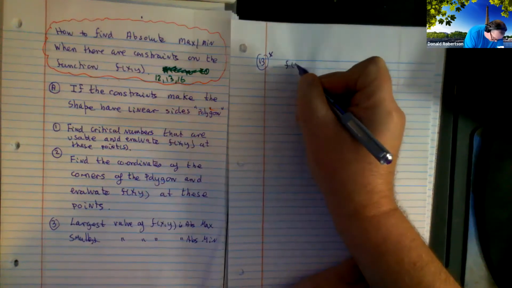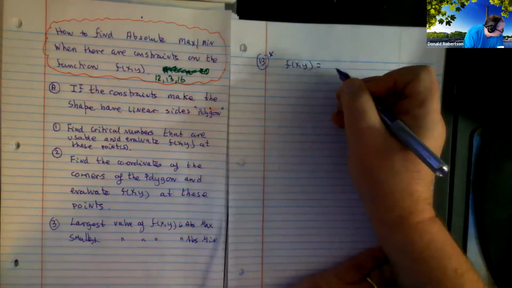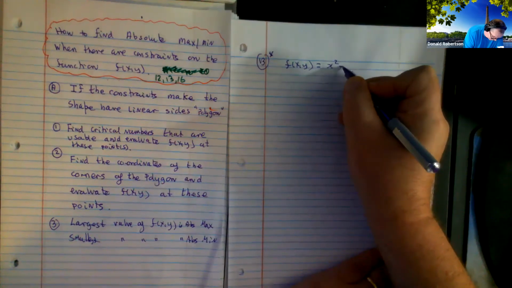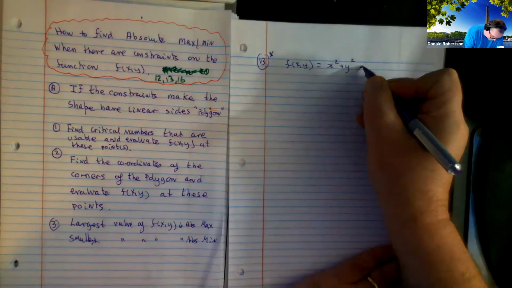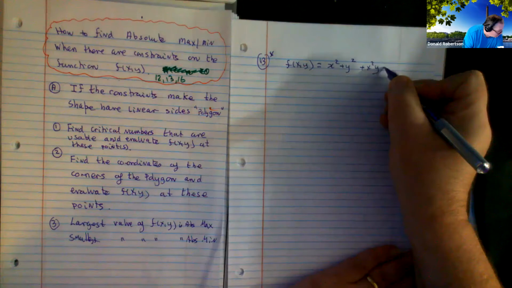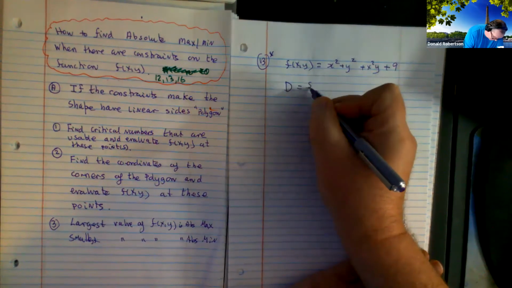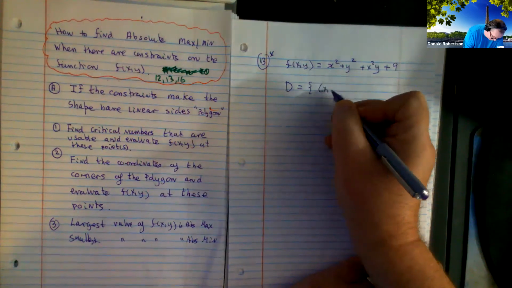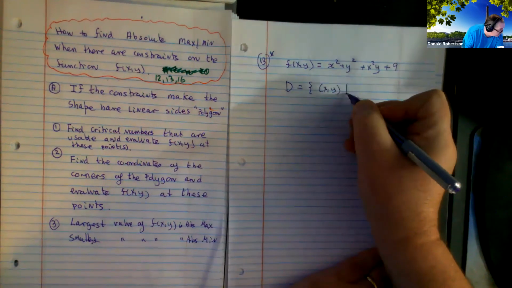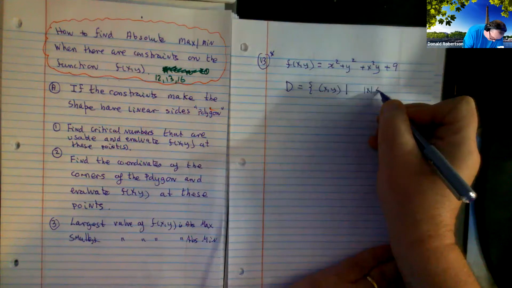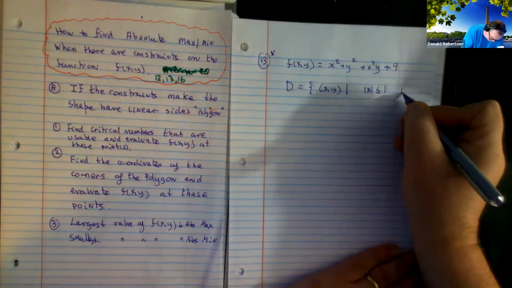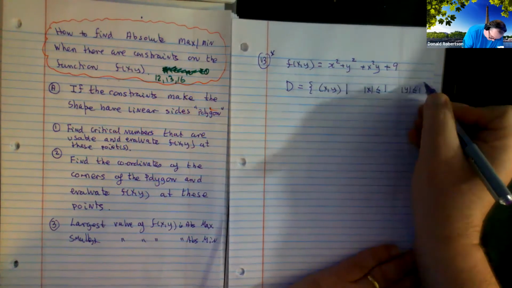The function that we're going to deal with is a polynomial function, x squared plus y squared plus x squared y plus 9. And the region is all the points in 2D space such that the absolute value of x is less than or equal to 1, and the absolute value of y is less than or equal to 1.